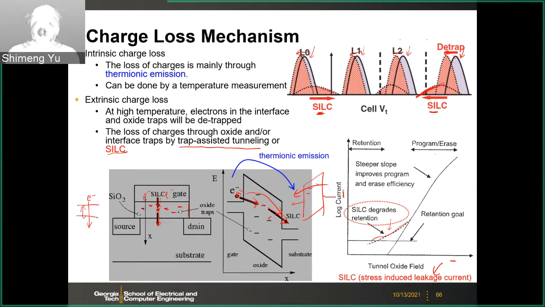Therefore SILC will increase the erased state VTH because this stepstone can be bidirectional. You can assist electrons to come out or go into the floating gate depending on the polarity of the voltage.